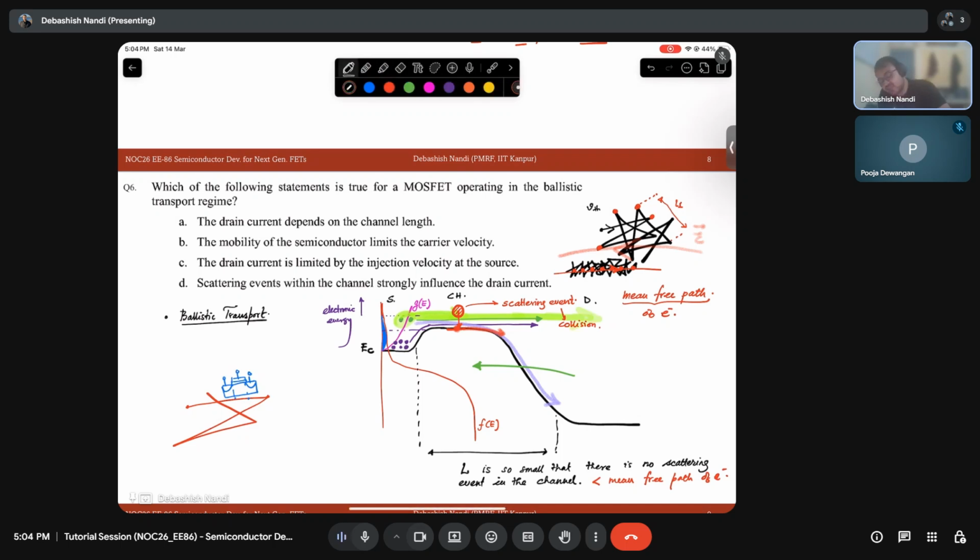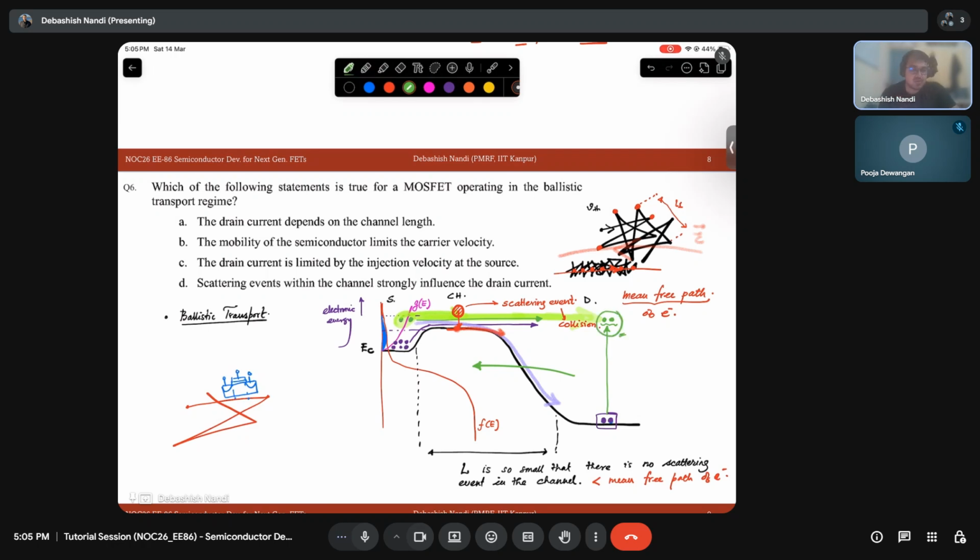So the electrons collected in the drain will have a very high energy compared to the conventional case, where you receive your electrons at these locations because your drain EC is this. But in ballistic transport, many of your electrons will arrive at a very high energy level. So this is ballistic transport.